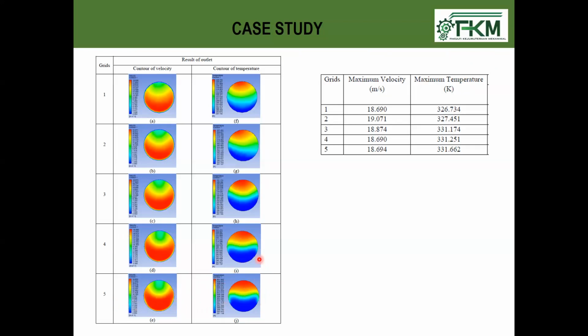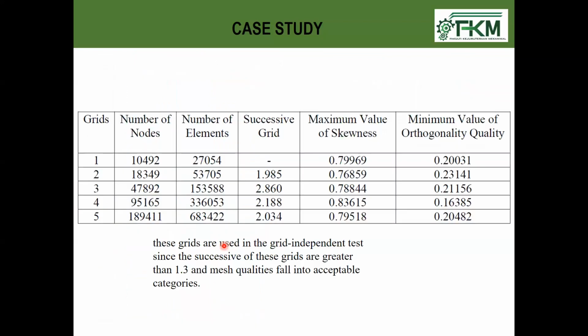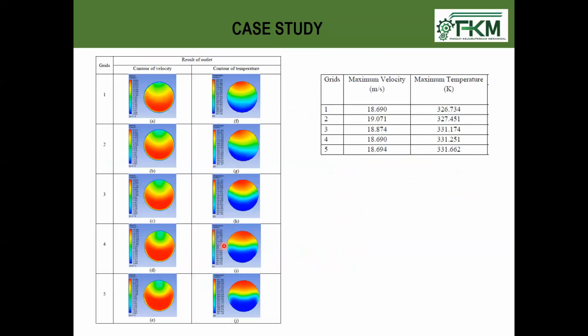It depends on your time, how much time you need to solve the problem. If you have enough PC spec, it's all fine. So you can choose number 5 or number 4, but optimally, you can choose number 4. If you choose number 3, you will not get the accurate result at the end of the wall. So grid number 4 is around 336,000, based on the contour of temperature.